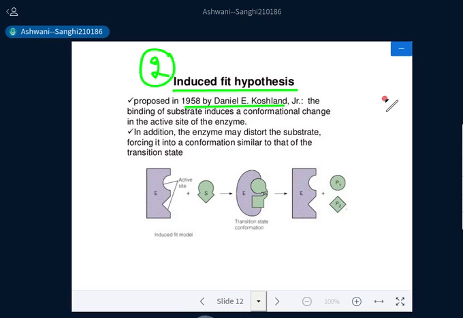According to the induced fit hypothesis, binding of substrate induces a conformational change in the active site of the enzyme, and in addition the enzyme may distort the substrate, forcing it into a conformation similar to that of the transition state. You can see here there is a conformational change in the active site of the enzyme.